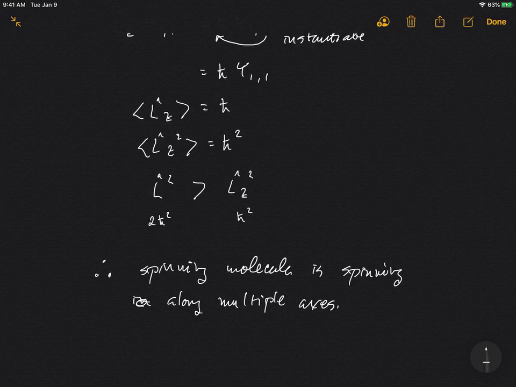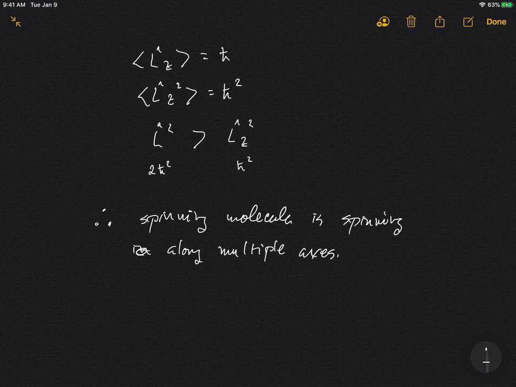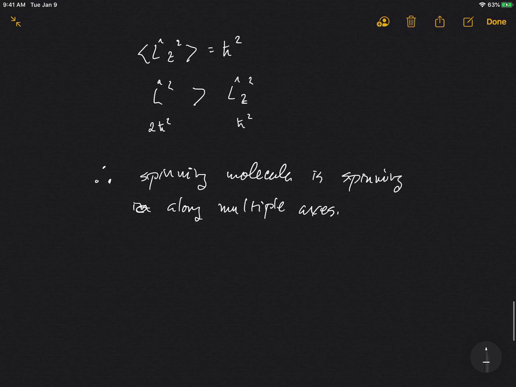We know that there's some angular momentum associated with LZ. There's some uncertainty associated with the directionality of the rotation, and so we don't know exactly which way it's pointing.